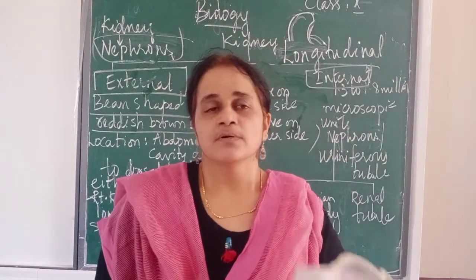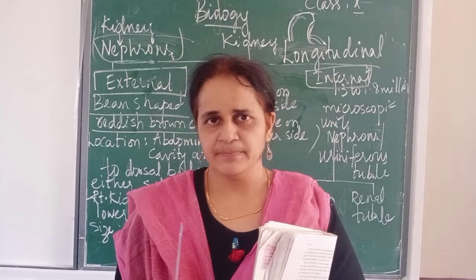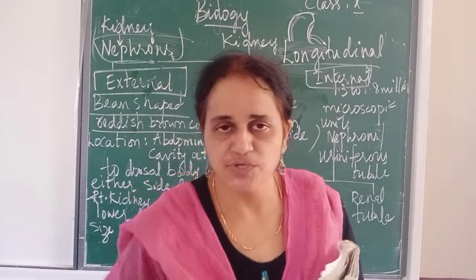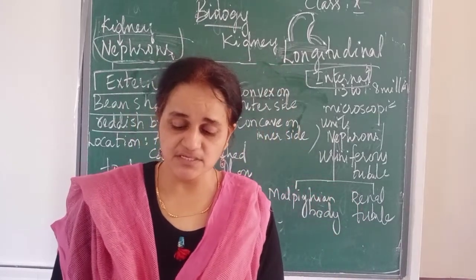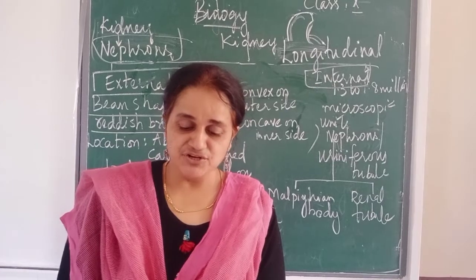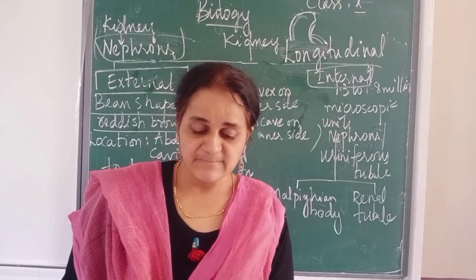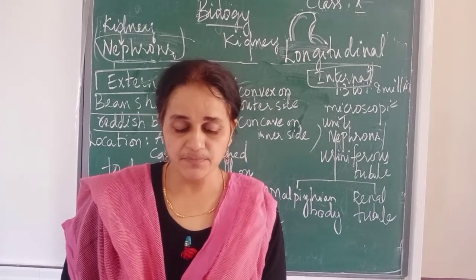So now the work to be done on Monday. Day wise we started with the unit excretion. In excretion I told you a few questions. Once again I will repeat. Definition of excretion. Then different waste products secreted in our body.